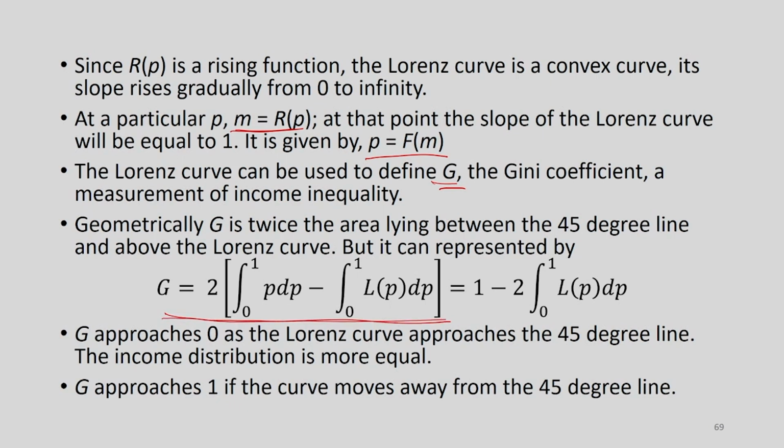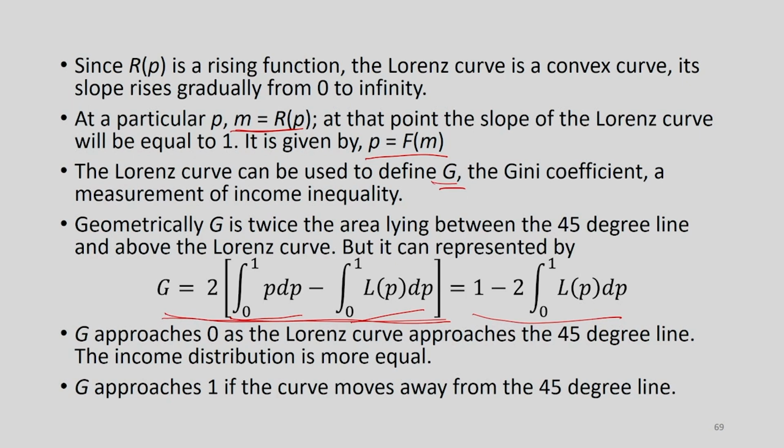It can be represented by using the area under the curve interpretation of the definite integral. It will be 2 times the integration of p dp from 0 to 1. This is the area under the 45-degree line, and this is the area under the Lorenz curve. So I am taking the difference between the two, so I am getting the area between the 45-degree line and the Lorenz curve, and this simplifies as 1 minus 2 times the integration of L(p) dp from 0 to 1.